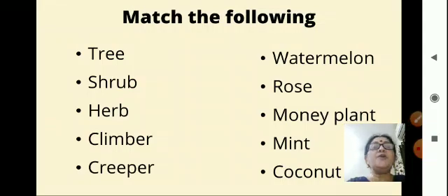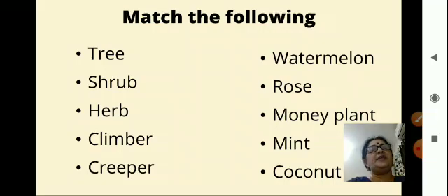Match the following. Now tell me. On one side, different types of plants are given. And on the other side, the names of the plants. Tree, shrub, herb, climber, creeper. Here, watermelon, rose, money plant, mint, coconut.